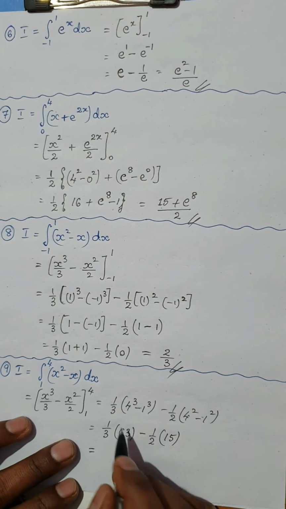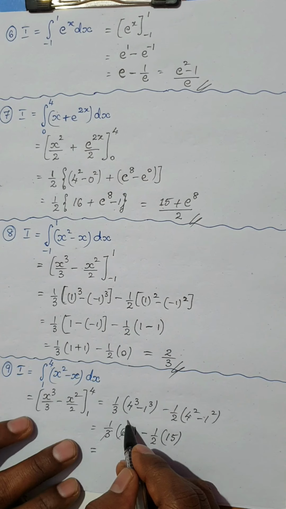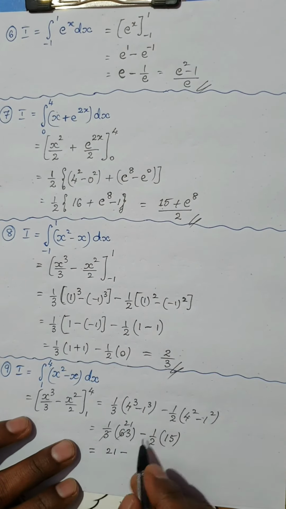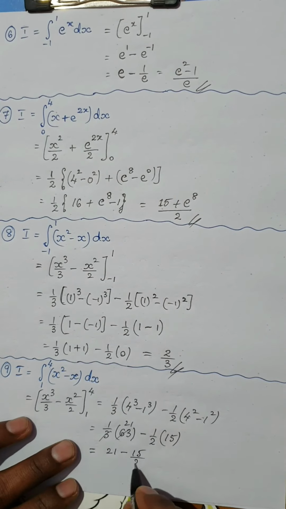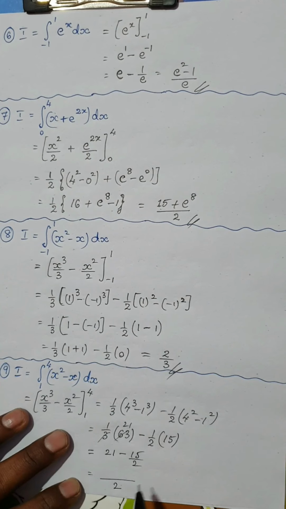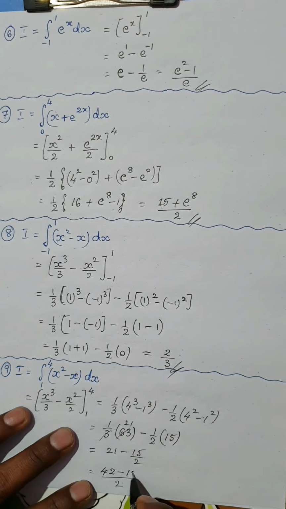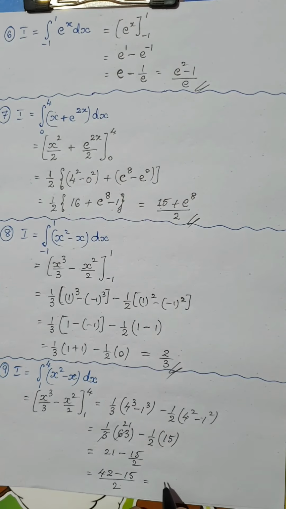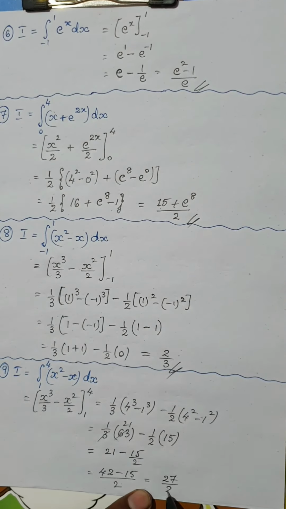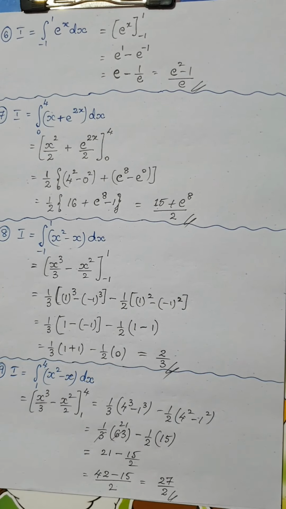If you cancel here, 3 2s are 6 and 3 1s are 3, so it is 21 minus 15 by 2, isn't it? If you take the LCM, 2 will be remaining, cross multiply 2, you will get 42 minus 15. So the final answer would be 42 minus 15 is 27 divided by 2 for this integral.